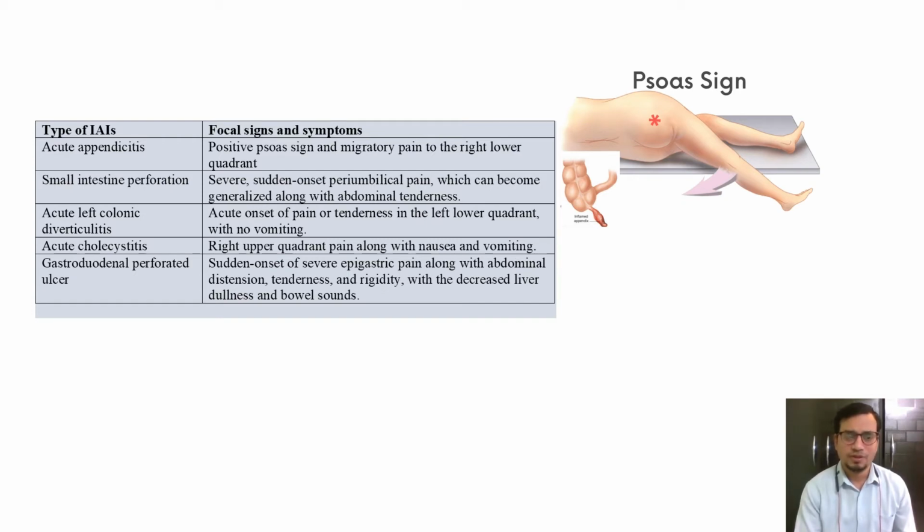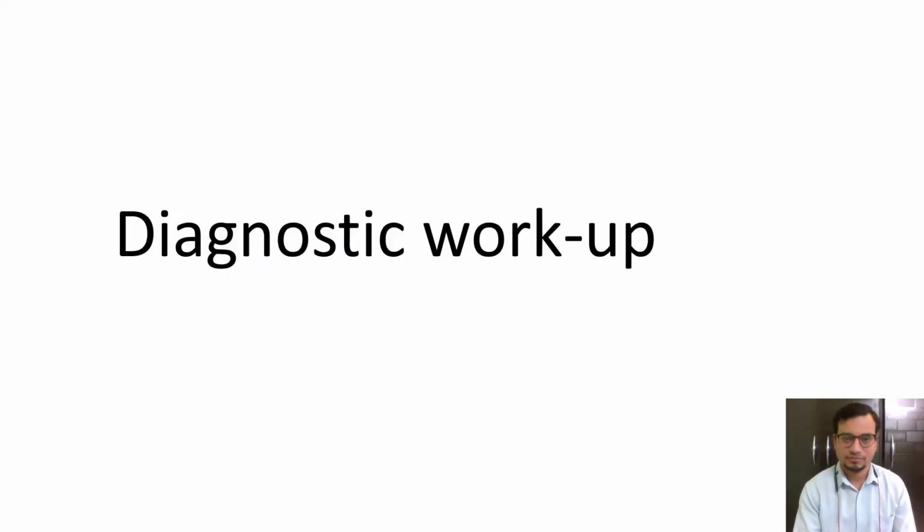But you should be aware of this. If you don't have the facility, if you don't have time to shift the patient for imaging investigation, definitely you should be able to elicit such clinical signs to localize the pathology. That's very important. So I'm not saying that you should not do it. You should remember this and do it whenever required, whenever they are indicated, whenever you don't have the facility. You must be relying on your clinical skills.